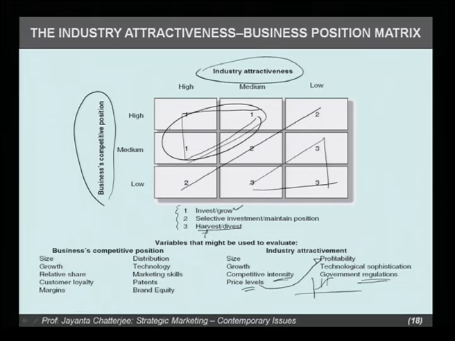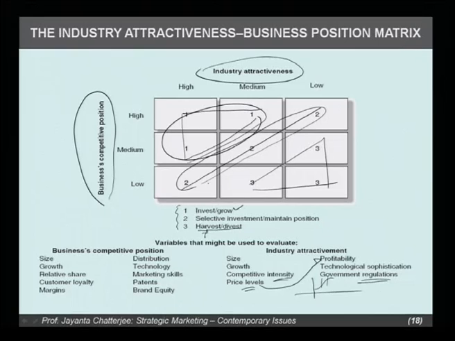These will constitute what we will call invest and grow. The middle, which are the 2s, these are the businesses where we will like to selectively grow or maintain our current position, because these are the so called cash generating cash cow businesses.